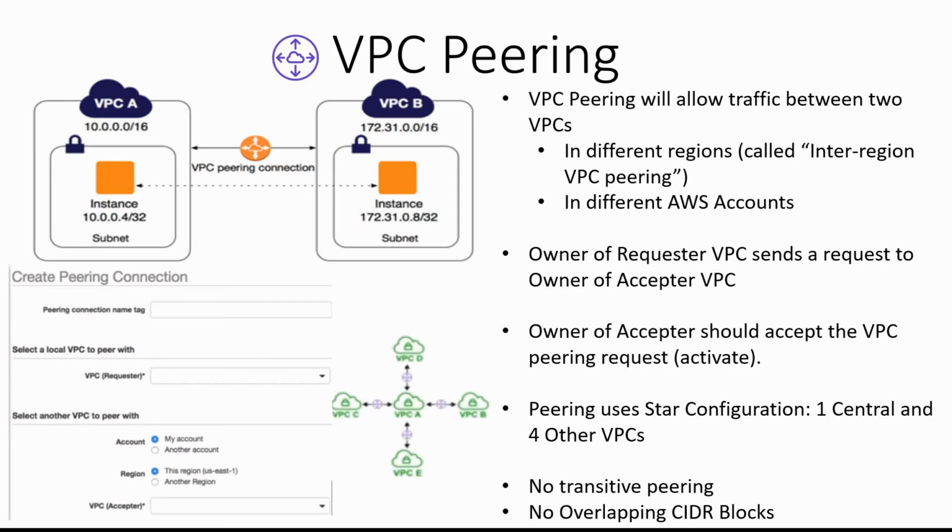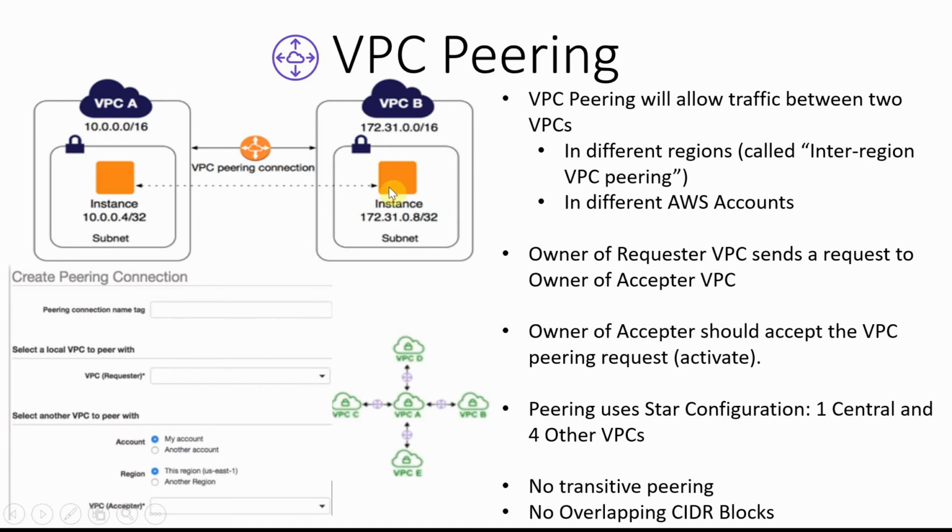VPC peering. We saw that imagine a scenario where multiple VPCs want to talk to each other. It's not typically possible, because it is a different network. But let's say there is a requirement where an EC2 instance in one VPC wants to talk to an EC2 instance in another VPC, for whatever reason.